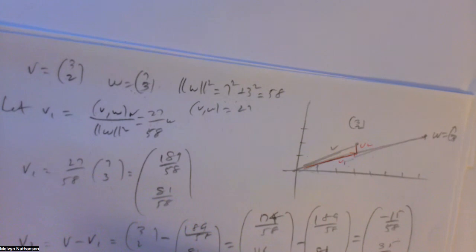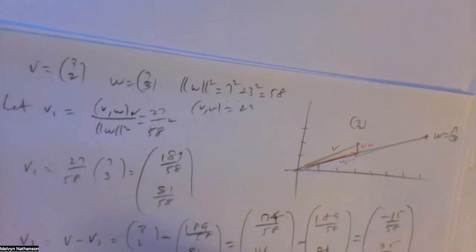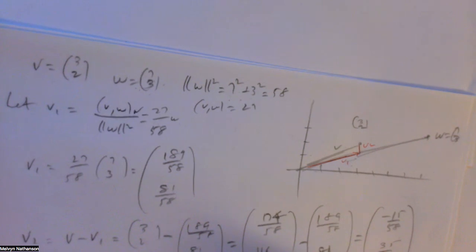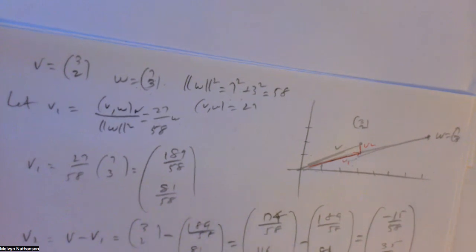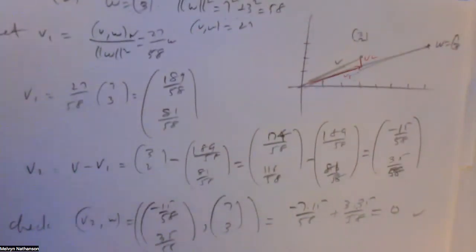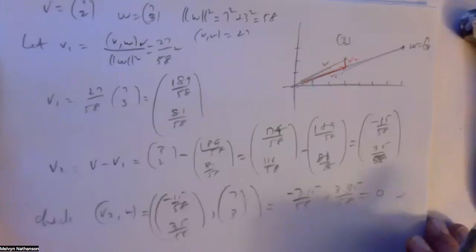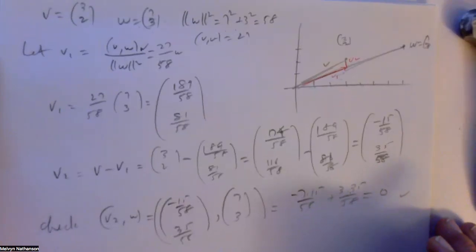So this is minus 7 times 15 over 58 plus 3 times 35 over 58. And you can check, this is minus 105 plus 105, which is 0. So this calculation is all fine. And again, if it's hard to read my handwriting, this is all in the chapter on inner product spaces that I posted already.